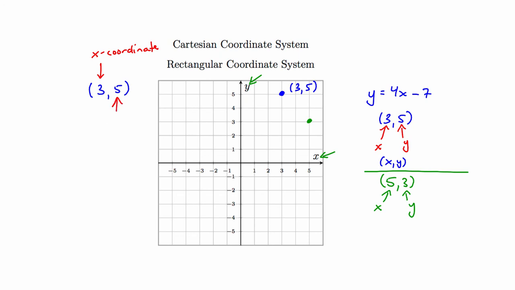Similarly, the 5 is called the y-coordinate or the vertical coordinate because it relates to position with respect to the vertical axis. Again, there will be times where the names of the axes change, where this might not be the x-axis and the y-axis, but the t-axis and the v-axis. Even if the names of the axes change, the structure of the system does not. The ordered pairs will always be in the order horizontal coordinate, vertical coordinate.